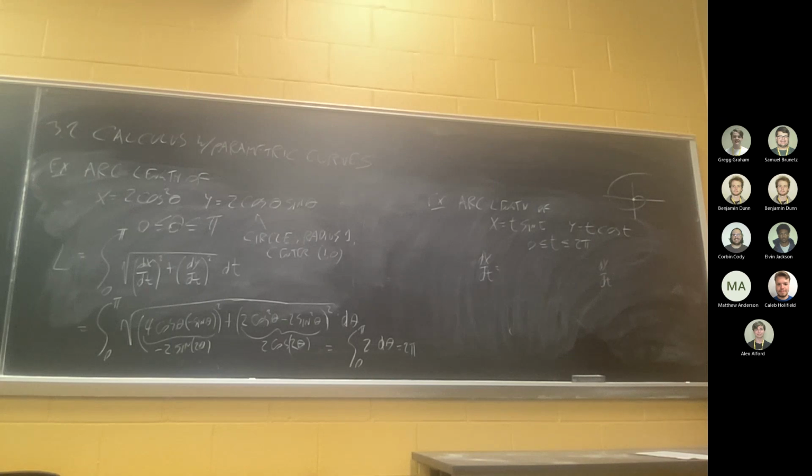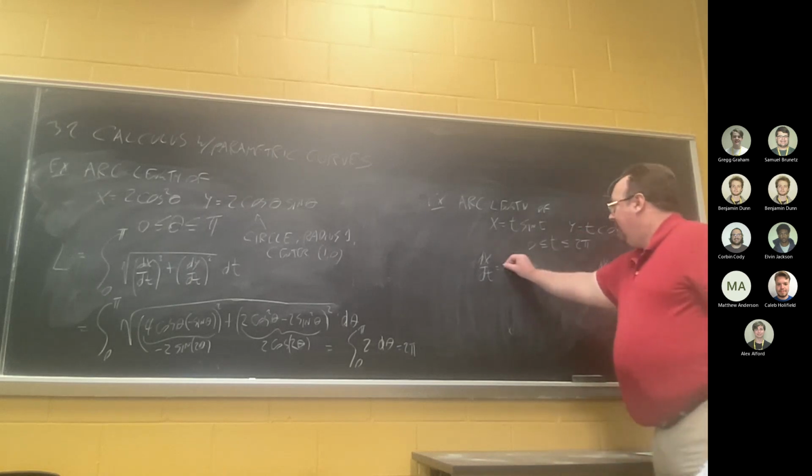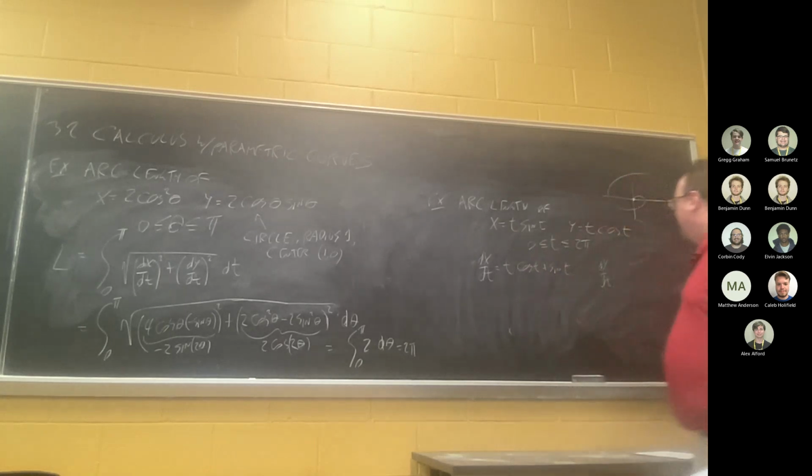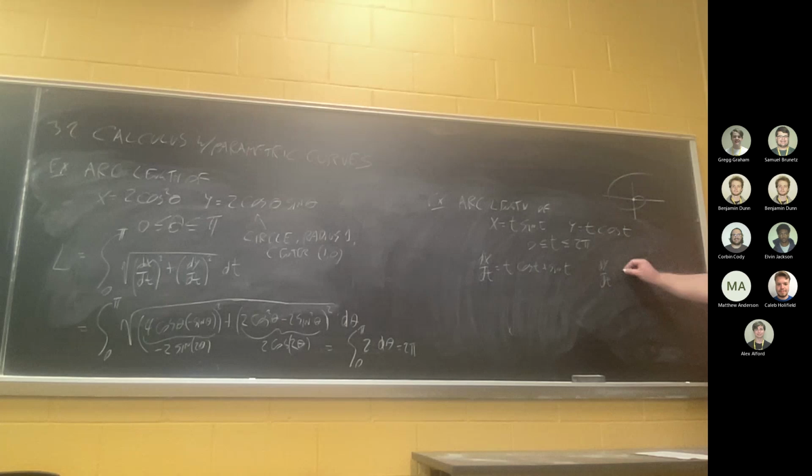And what would that product rule give you for dx dt? t cosine t plus sine t. Okay, and for the other one? Negative t sine t plus cosine t.